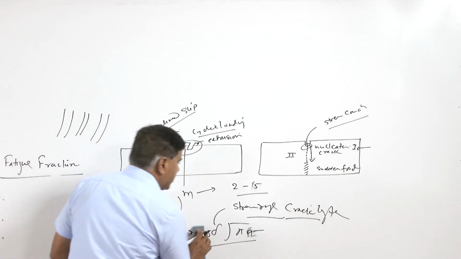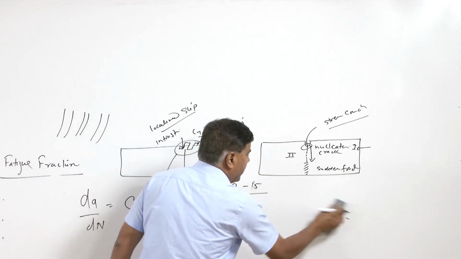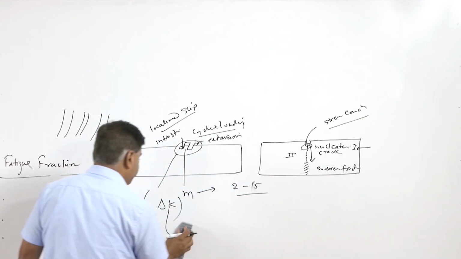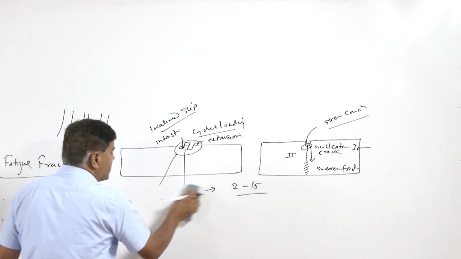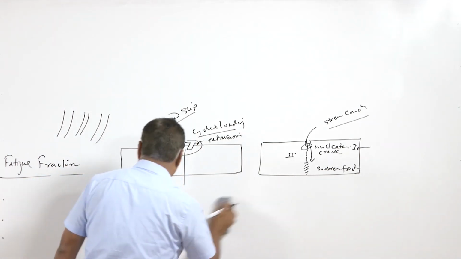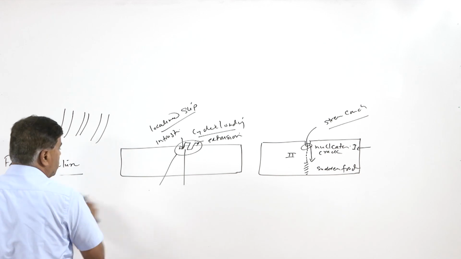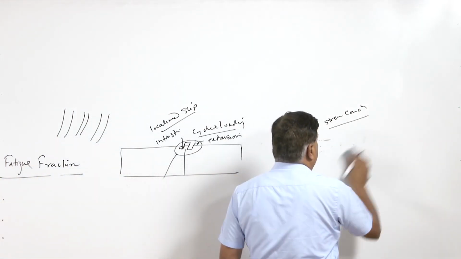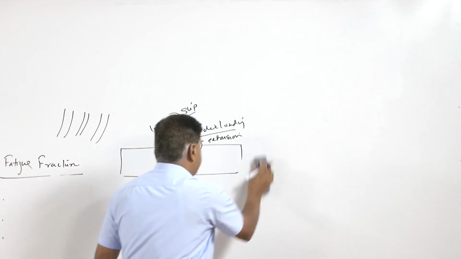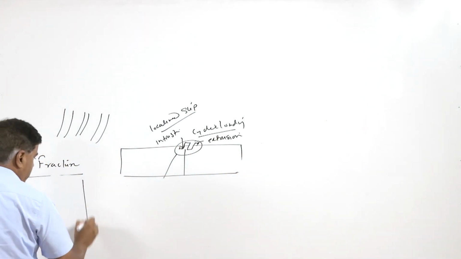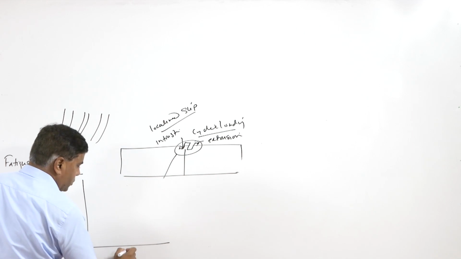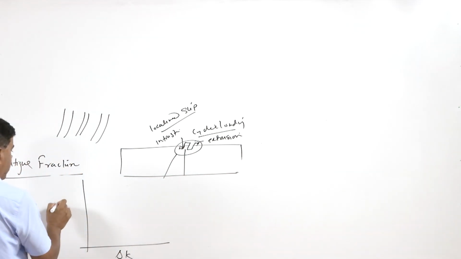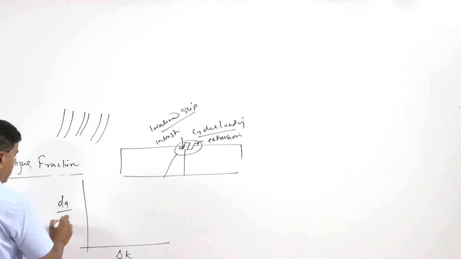So this will indicate that with the increase of the crack size, for a given stress range also, there will be an increase in the growth rate of the crack, which we can show with the help of this very commonly used figure, where in the x-axis we plot delta K and dA by dN in the y-axis.